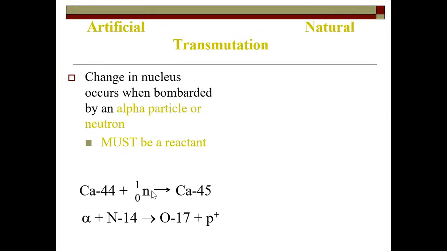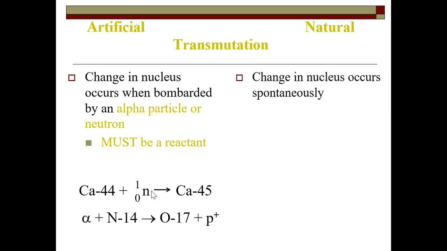Another one would be calcium-44. When it's hit with a neutron, that calcium-44 is going to become calcium-45. It's just going to add a neutron directly to the atom. It's not going to change the identity, but it's going to change the nucleus.